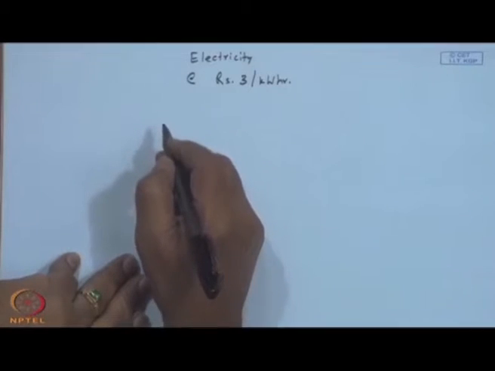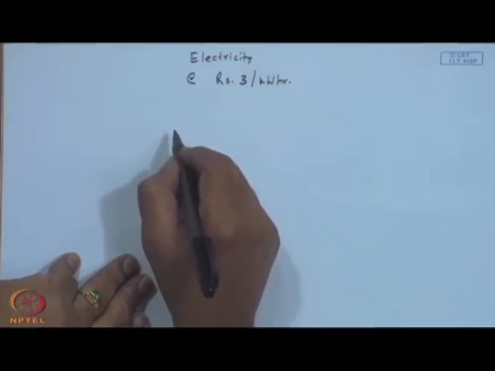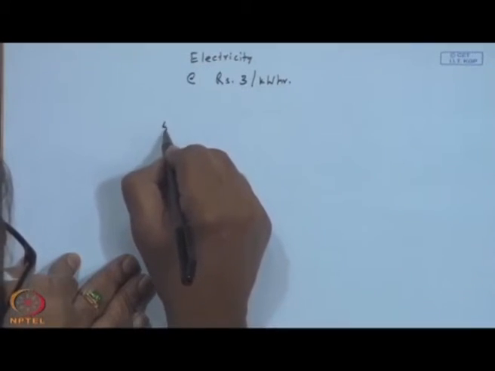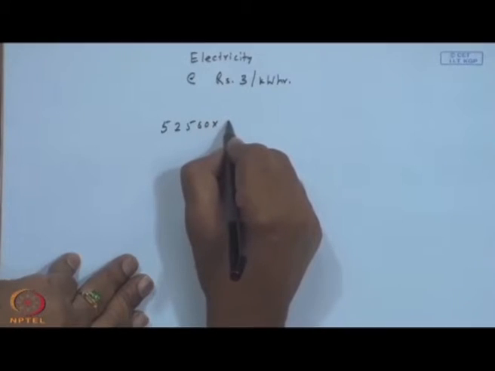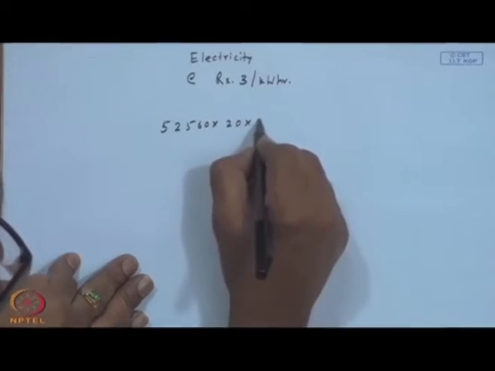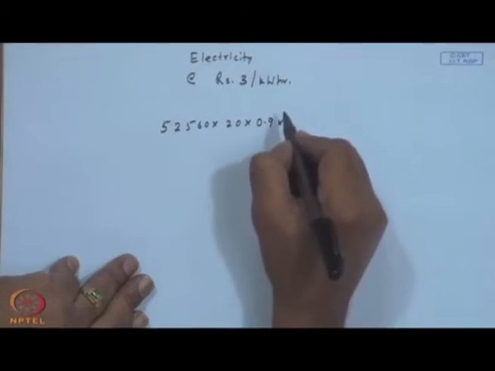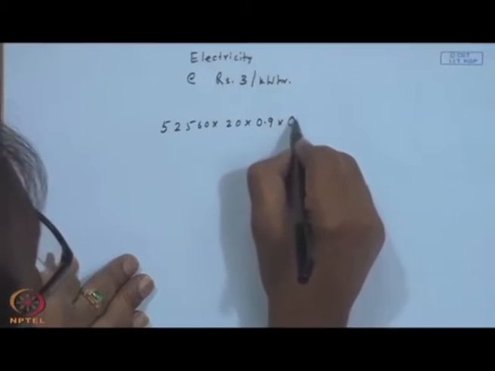So, that comes to 20 years 52560 times 20 into efficiency of 0.9 into, I think this should be 0.6.